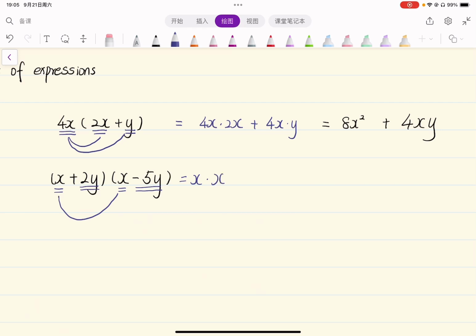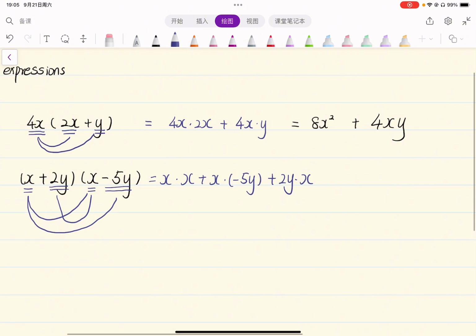And also we have plus x times minus 5y. And plus the second term of the first expression times the first term of the second expression, we get 2y times x. And the last one, plus 2y times minus 5y.